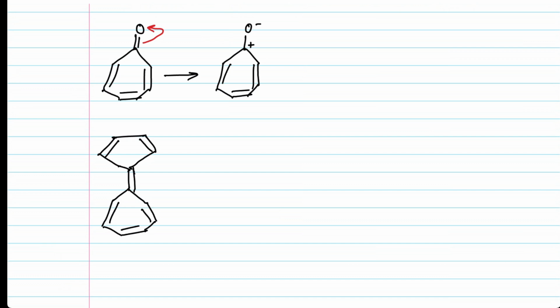Now, this bond actually cleaves towards the cyclopentadienyl ring, creating a negative charge on the cyclopentadienyl ring, while the positive charge is on the cycloheptatrienyl ring, creating the cation. Now, this makes both the rings aromatic and the compound becomes aromatic.